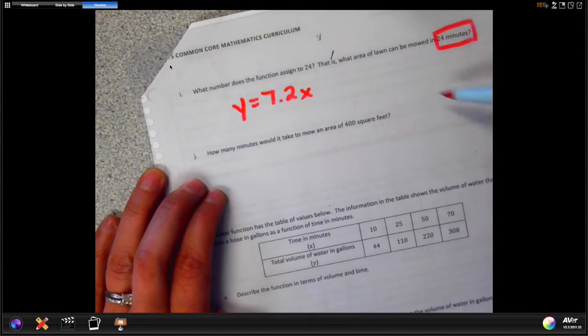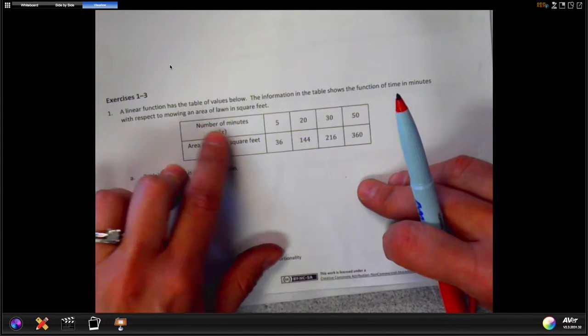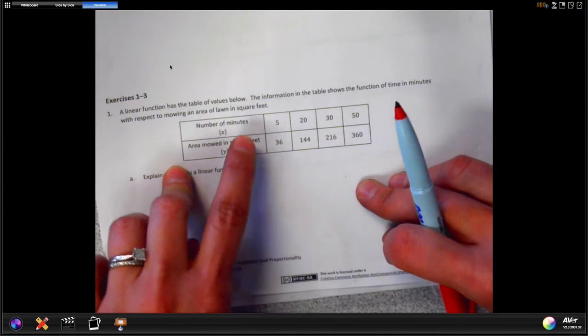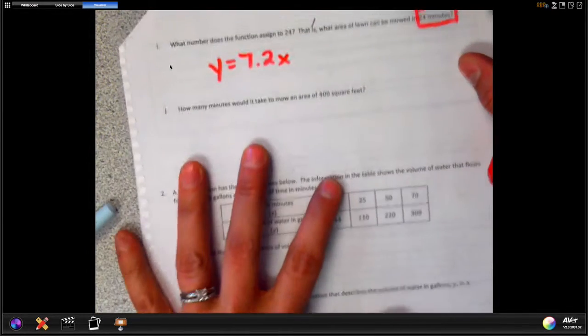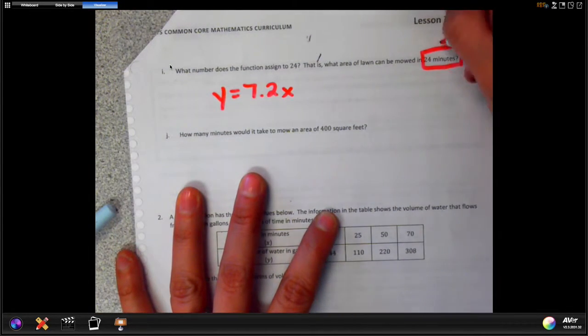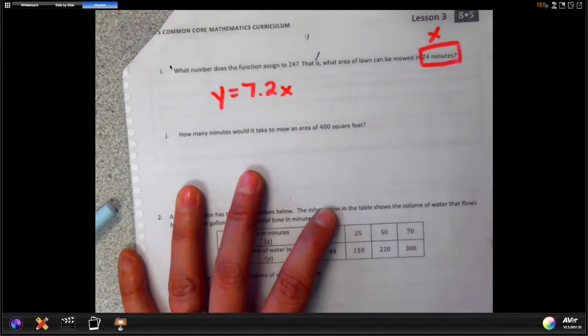And so one way to decide, 24 minutes, we want to plug that in for either x or y. And so if you look back at your original table, it tells you that minutes are x and square feet are y. So if we go back to our question, 24 minutes, we just saw from the table that minutes are x values. So we are now going to take 24 and substitute it in our equation for x.